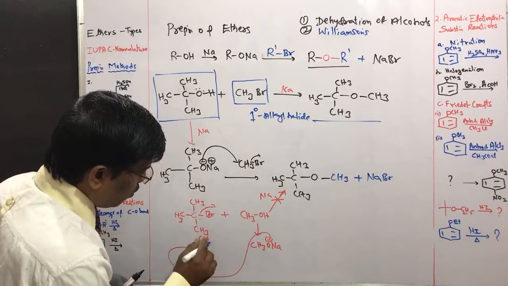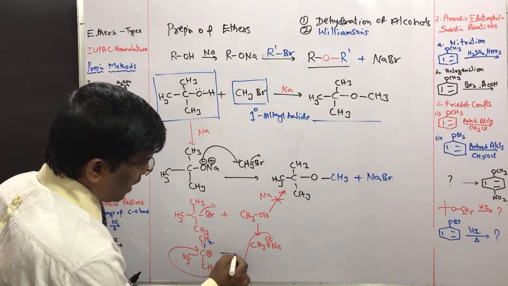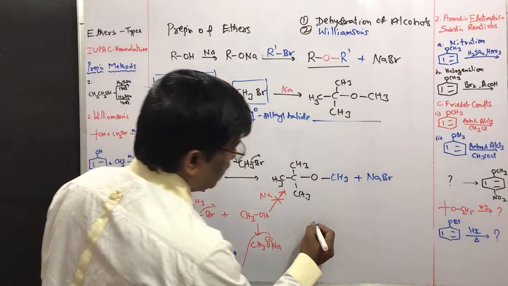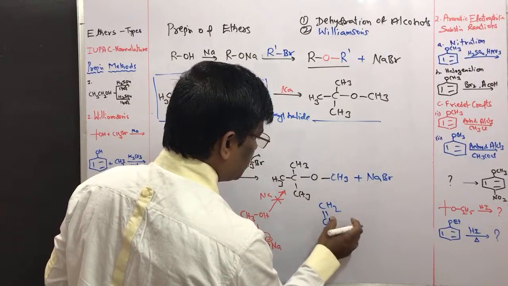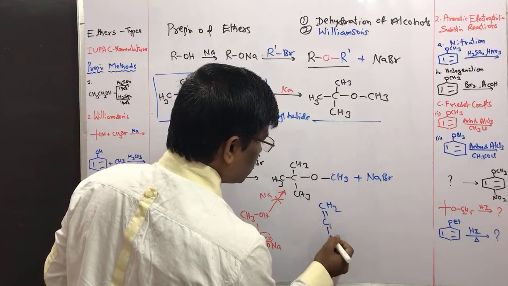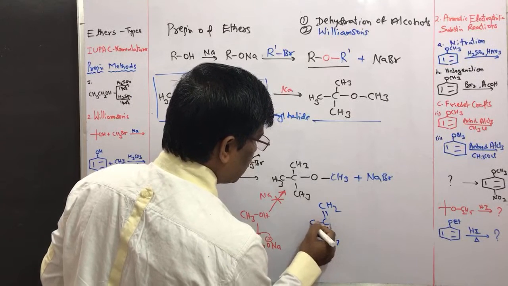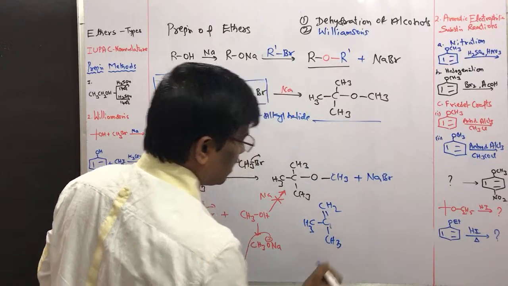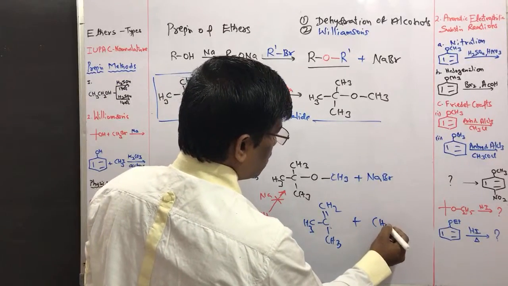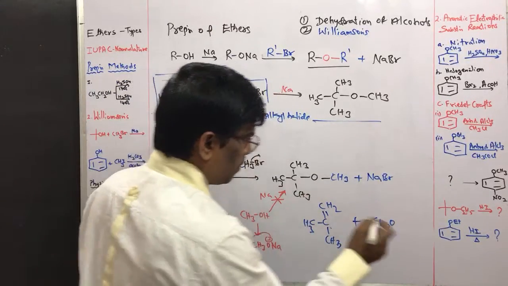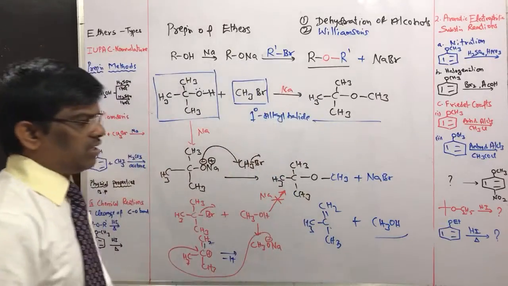It simply loses one hydrogen, minus one hydrogen. It gives a double bond, CH2 and CH3 and CH3. And the leftover methanol will be as it is.